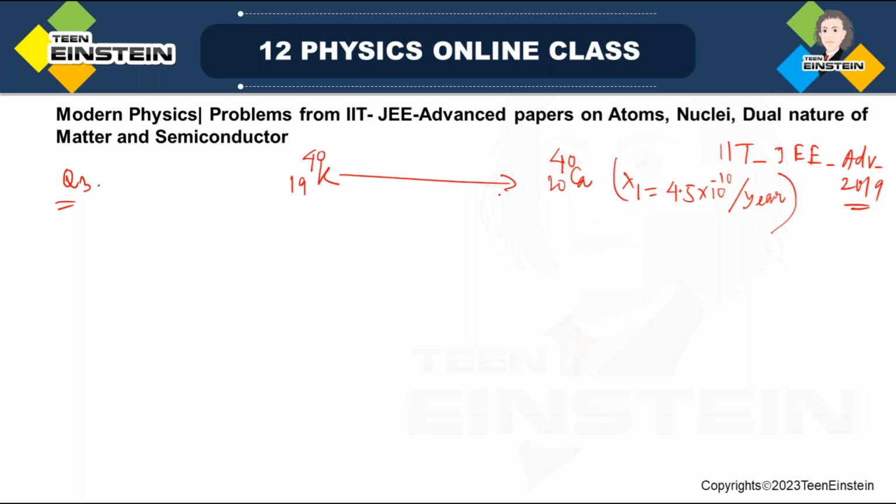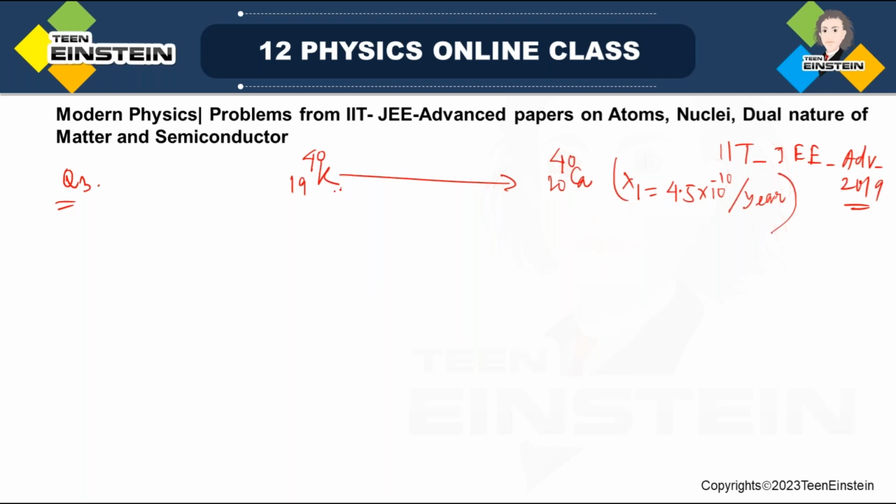This is the decay constant for this reaction. Potassium, a radioactive nucleus, will decay into calcium, that is a stable nucleus, calcium-40. So for this reaction the decay constant lambda 1 is 4.5 into 10 to the power minus 10 per year, and it can decay into another path also.